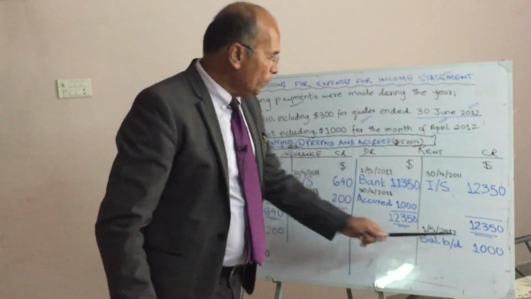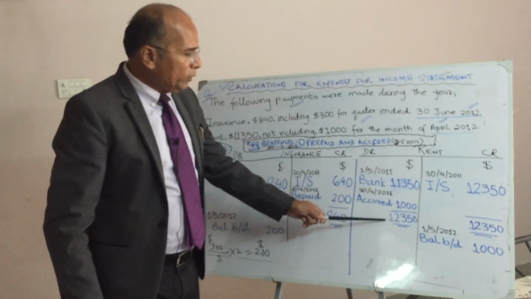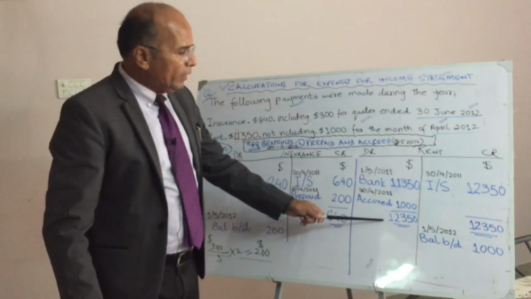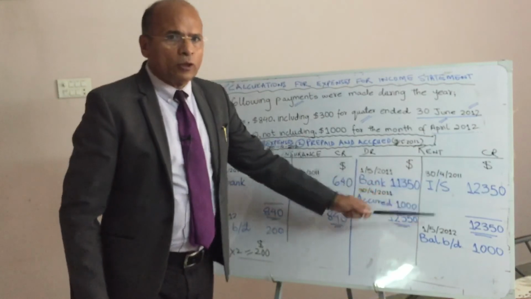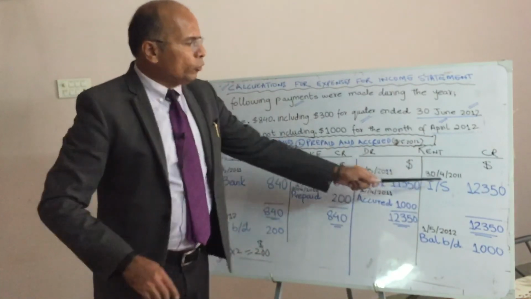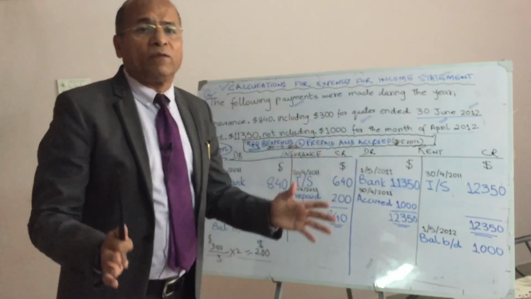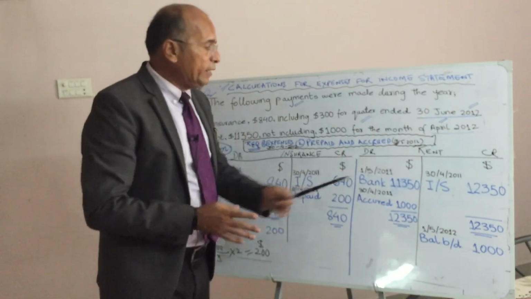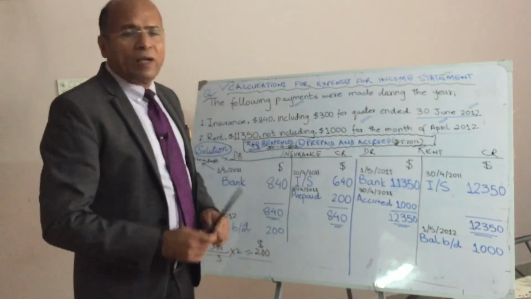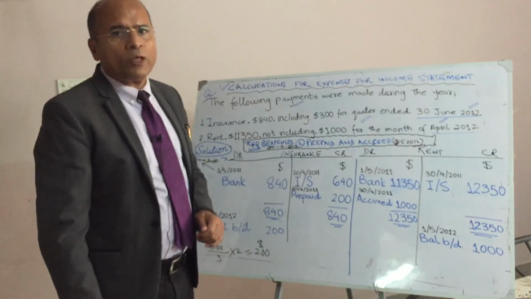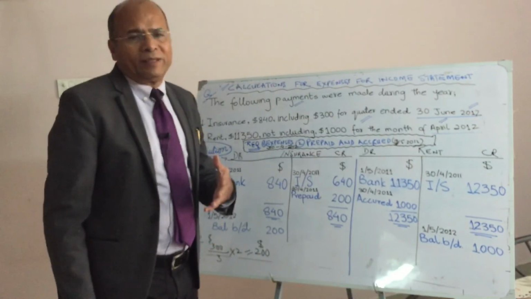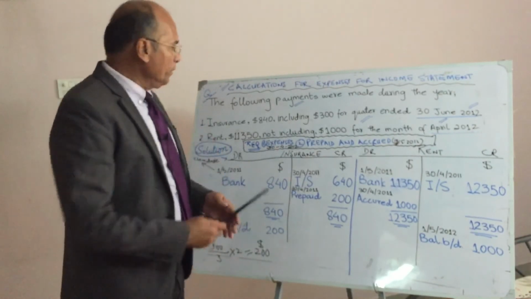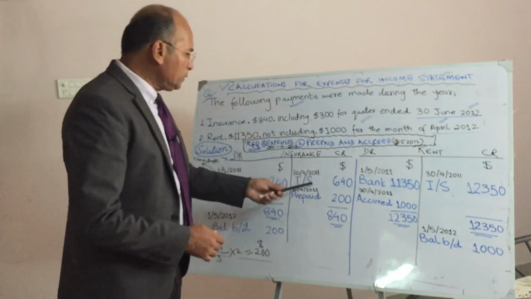So what do I need to do? I am supposed to add them. 12350 will come here, and because there is no number here, whatever the total is, the same total. It means I have received the total services during this year, and that is 12350, which I am supposed to charge to income statement. You understand exactly what I did?